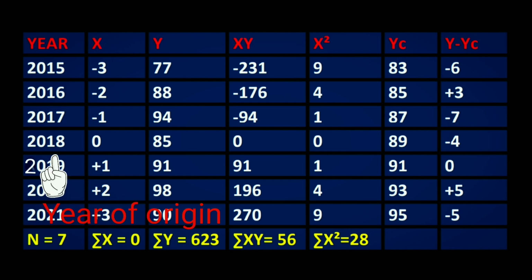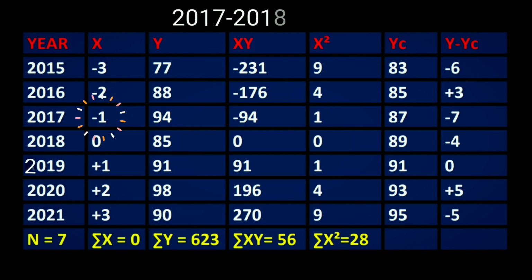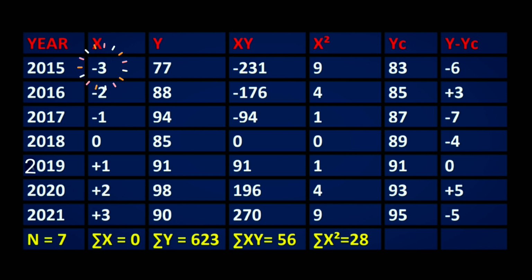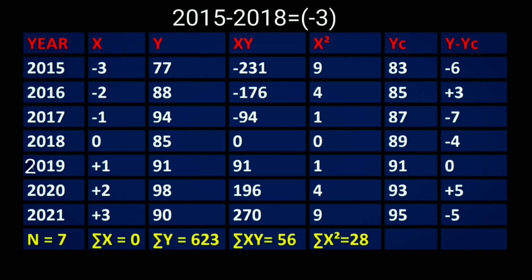Now why is the x value of 2017 -1? Because 2017 minus 2018 is equal to -1. Similarly, for 2016 it is -2 because 2016 minus 2018 is equal to -2. Similarly, for 2015 the x value is -3 because 2015 minus 2018 is -3.